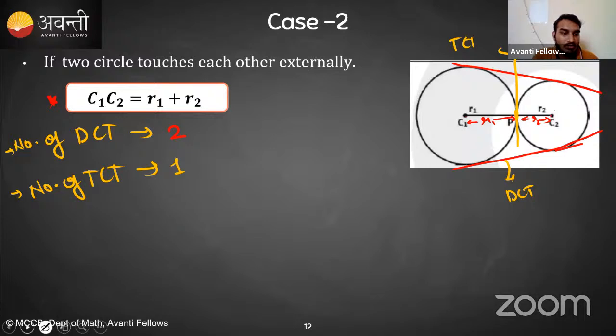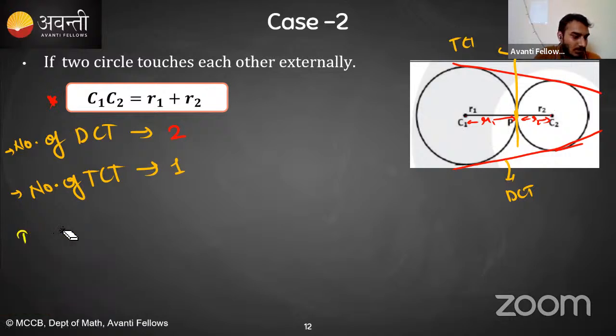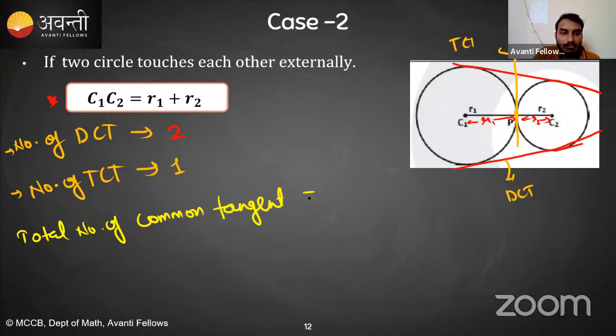Total number of common tangents is 2 plus 1, 3. Is this clear?